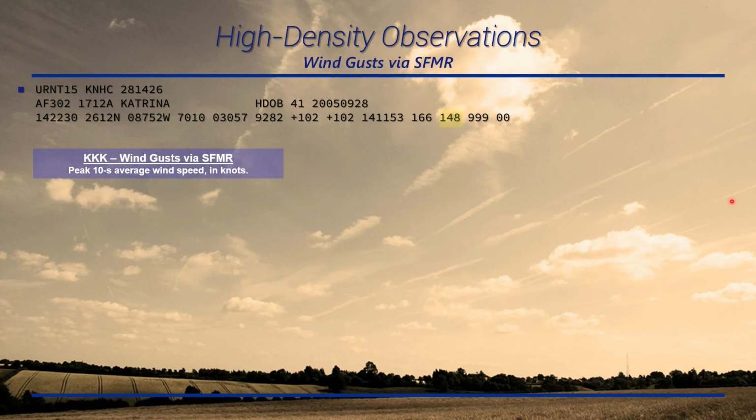If I reduce the 166 down, about 150 knots, this stepped frequency microwave radiometer confirms that at 148. Again, 10-second average wind speed. So we're looking at possibly a 150 knot storm just looking at this line of data.